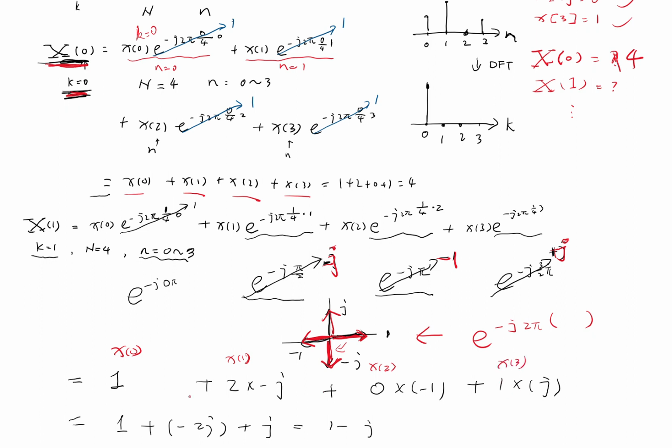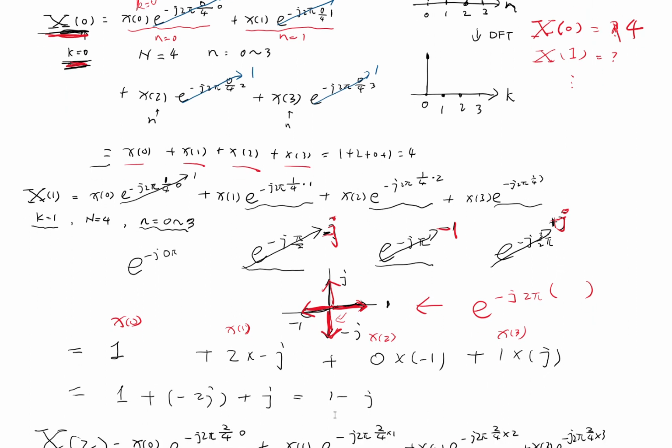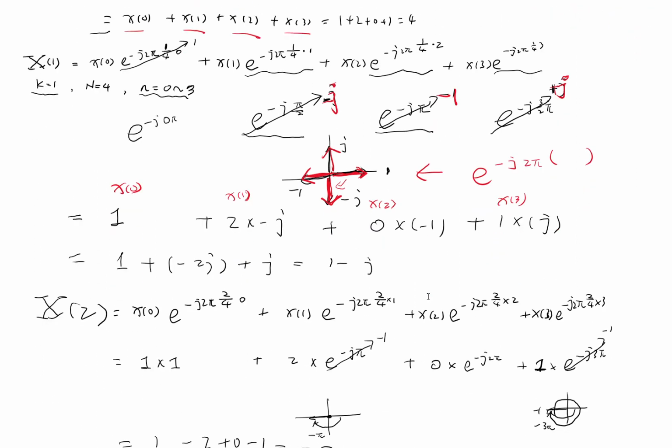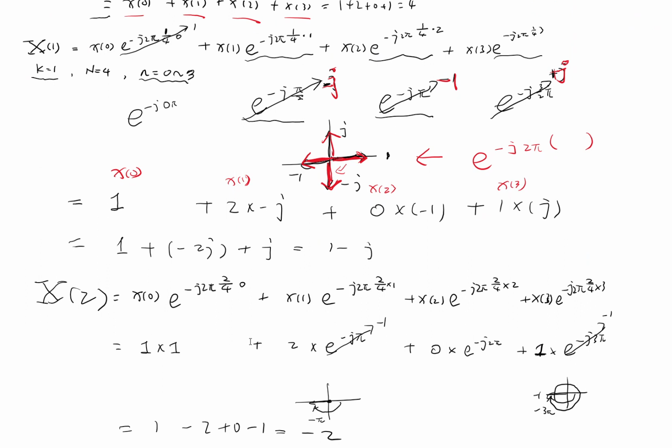Okay, 1, 2, 0, 1, still those 4 pieces. Then we got all the terms together. So the second one, capital X1 equals 1 minus j. You got that.